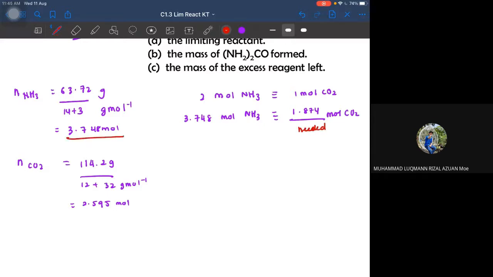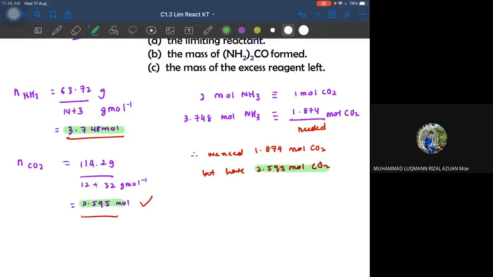And this green one is the mole available. So since we need 1.874 mole of CO2, but we have how much? 2.595 mole of CO2. Okay, so this means we have CO2 in excess.